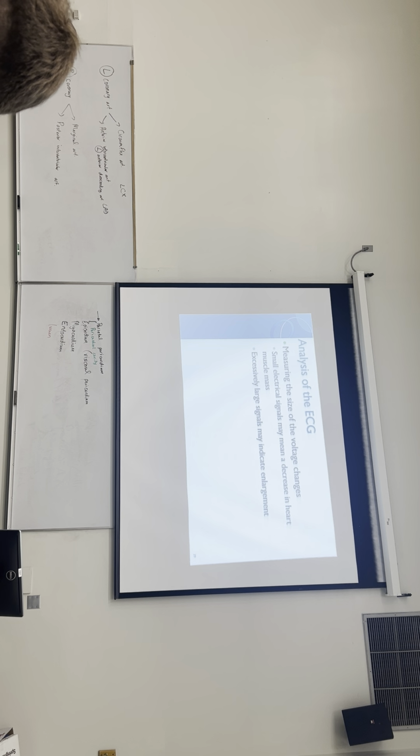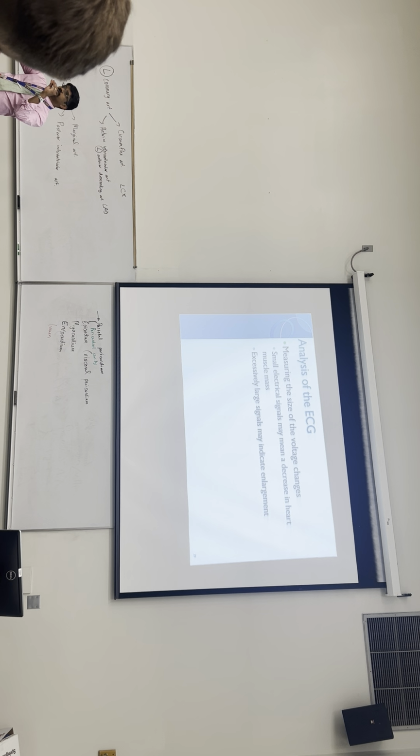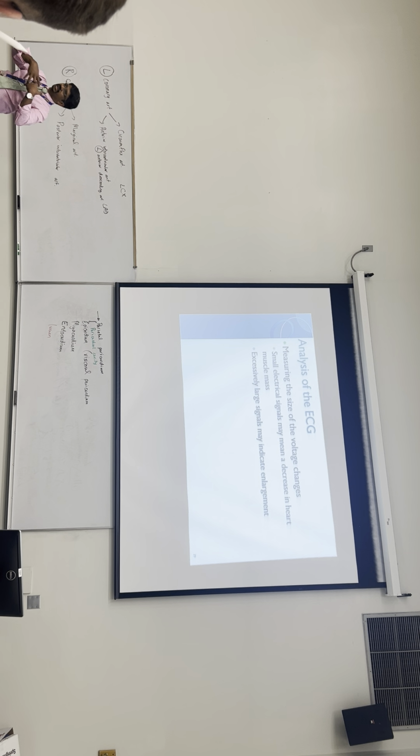So we can use it for many things. We can talk about the rate. We can talk about the voltage changes. For example, if I had pericardial effusion, my chest leads measurements will be low, because they're not transmitting the impulse. Right? So, for example, that can be measured. And you might have heard of one type of MI, which can be diagnosed on ECG.